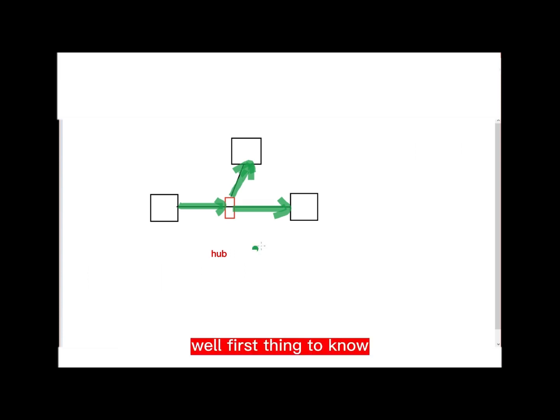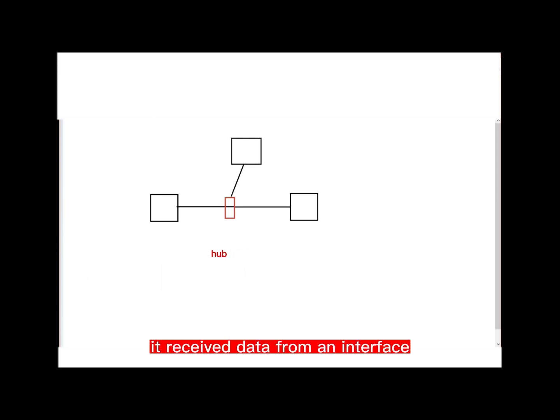Well, first thing to know, it is a device working at the physical layer. Actually, it will only perform simple flooding processing on the data. This flooding refers to it receiving data from an interface, copying it and sending a copy to the other interfaces. For example, now this PC1 wants to access PC2, not PC3.